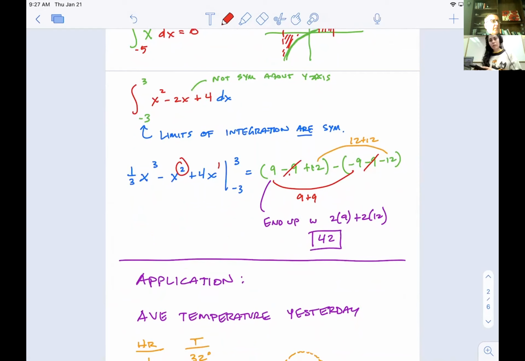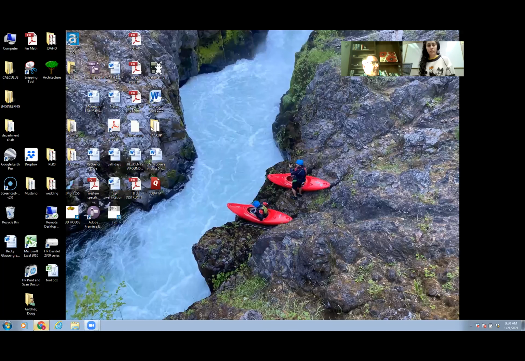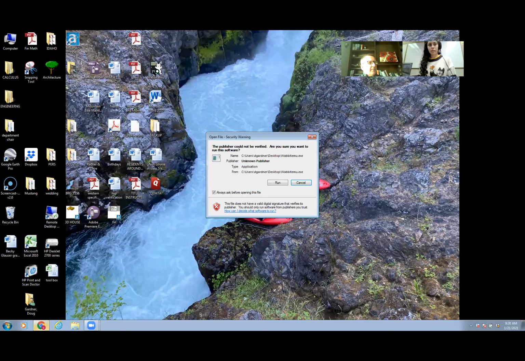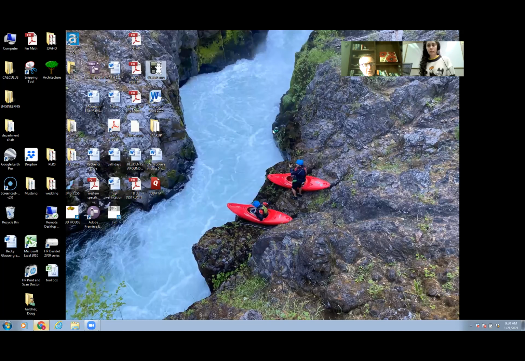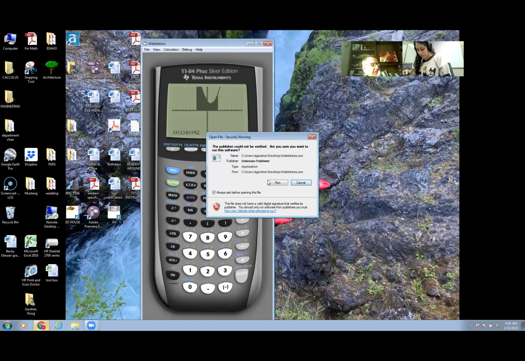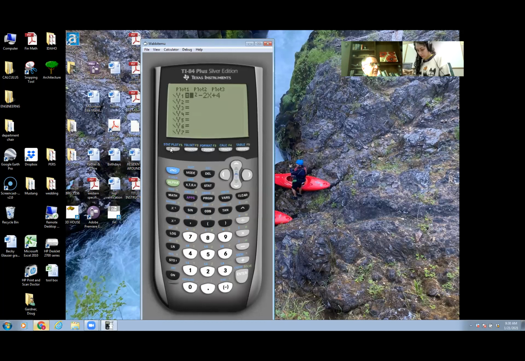Let me show you something. Usually when you get that error, it's because you graph something and you control the window of the screen and you do something that doesn't make sense. So I'll show you what I mean. For instance, here's this graph right here.